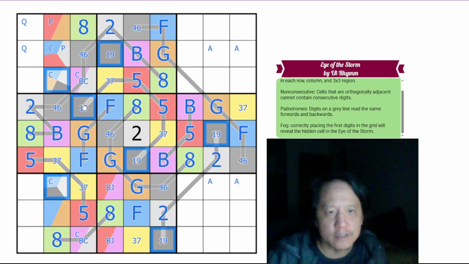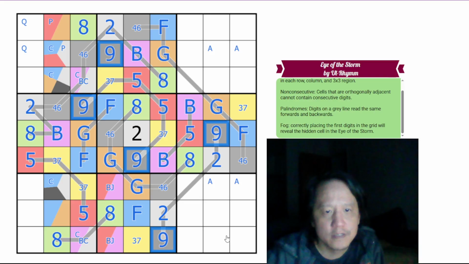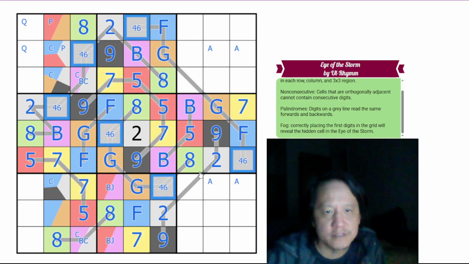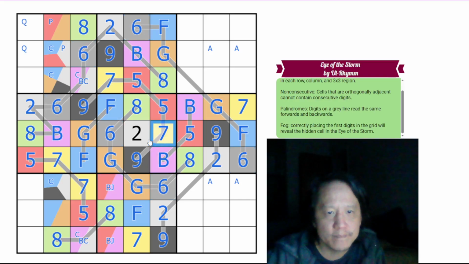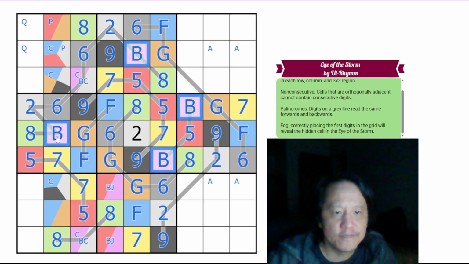We don't know about these, so we can remove those. Dark is 9. Yellow is 7. Medium is 6. Okay. So then we have 5. B cannot be 4. That means B cannot be here.